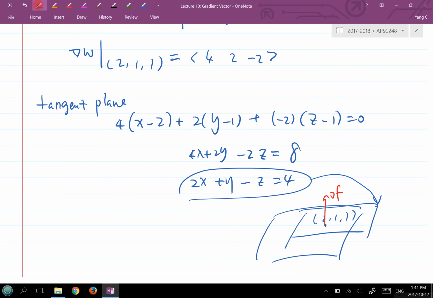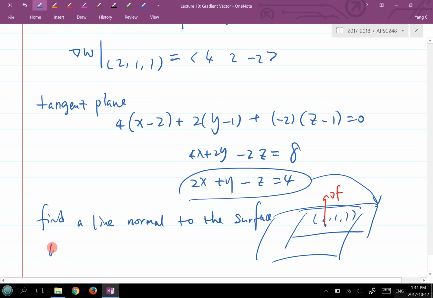Can you find a normal line to the surface at (2, 1, 1)? Try to do this, it's very simple.